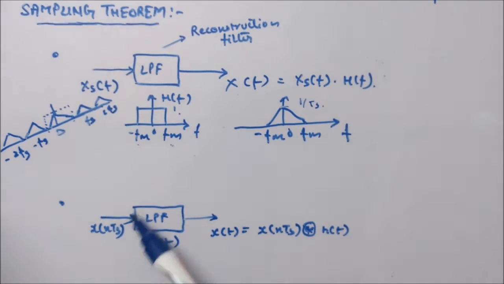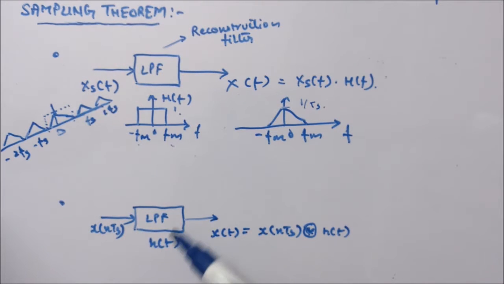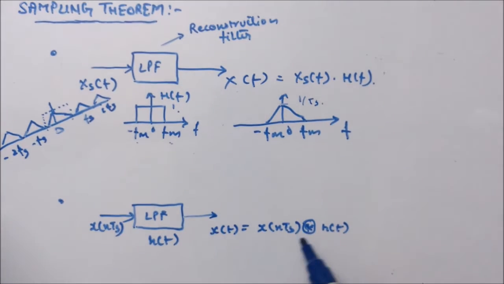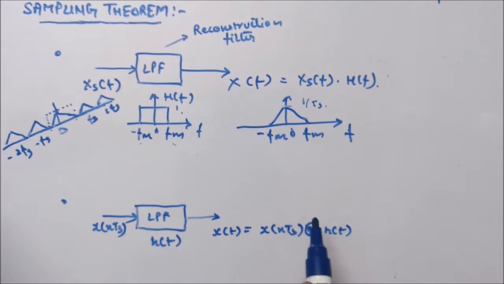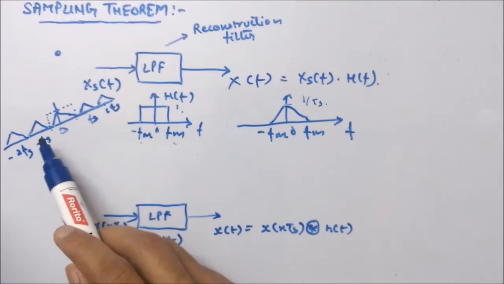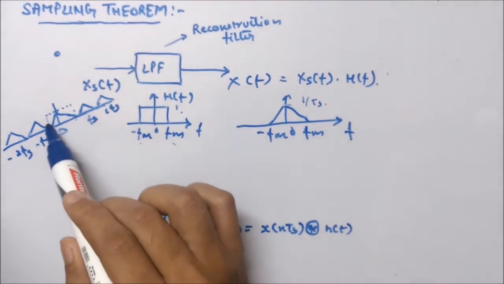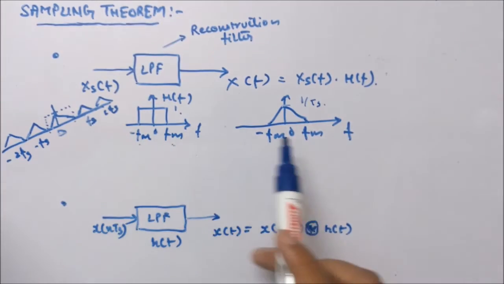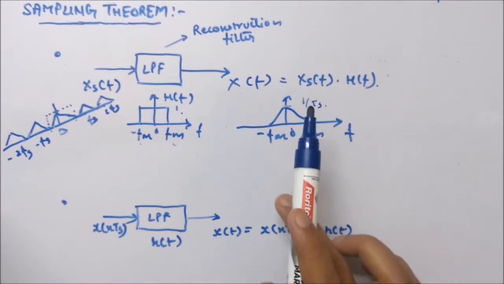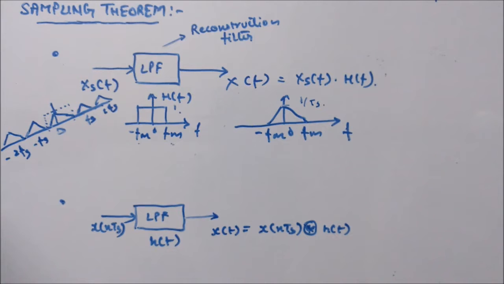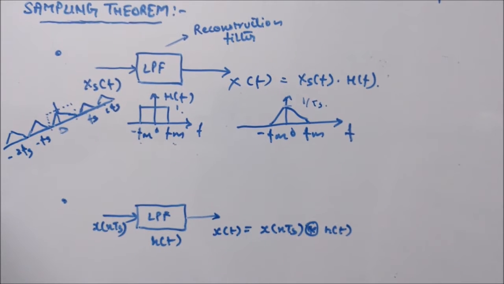If I had shown you this in the time domain, there would be a convolution at the output between those two signals. So it's difficult to imagine in the time domain, which is why I showed you in the frequency domain. It's easier for us to follow. You can see how the filter acted upon the sampled signal, and we got our message signal. That's how we do reconstruction of our message signal from the sampled signal.